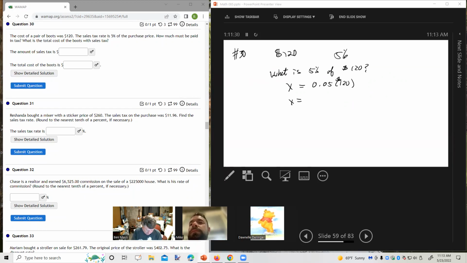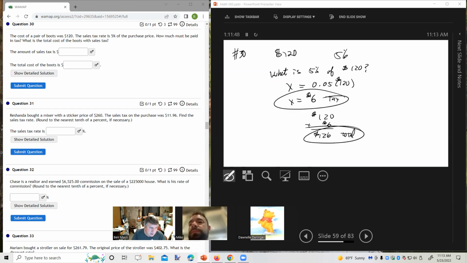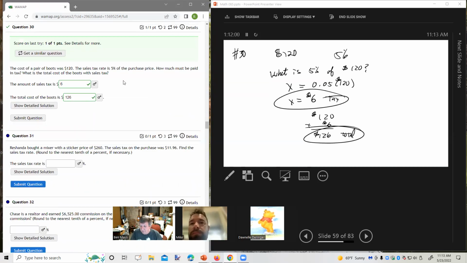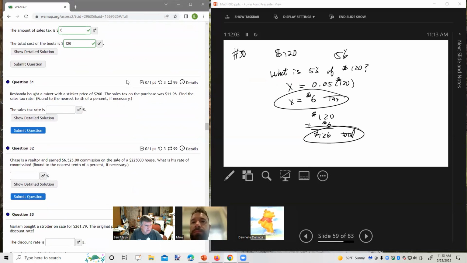And if we take 0.05 times 120, we get $6. And then the total cost of the boots would be the 120 plus the 6, $126. So tax, total. Okay. All right.